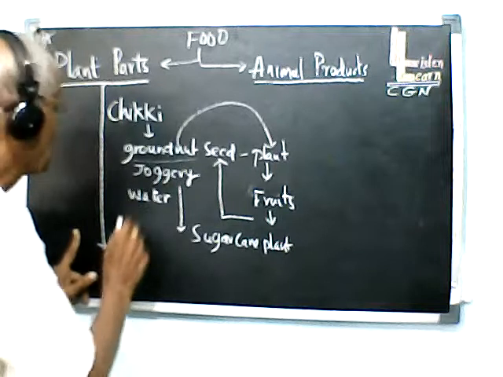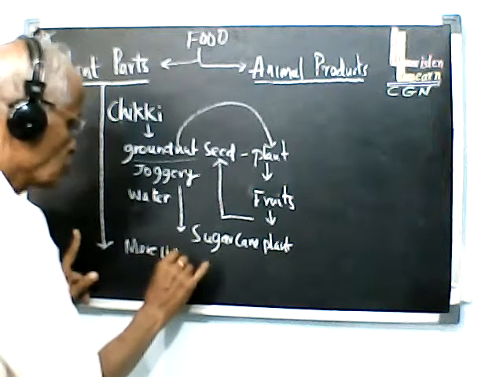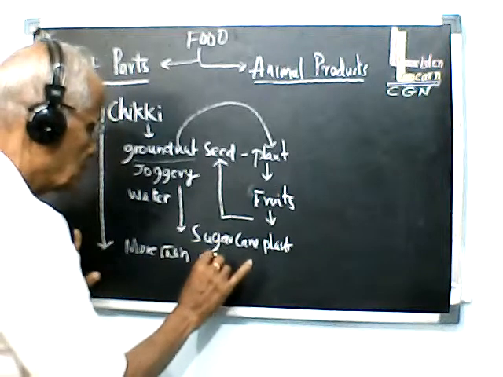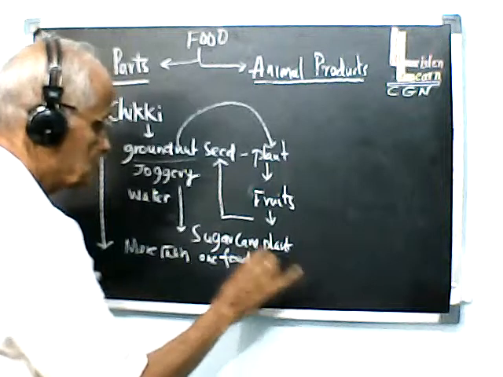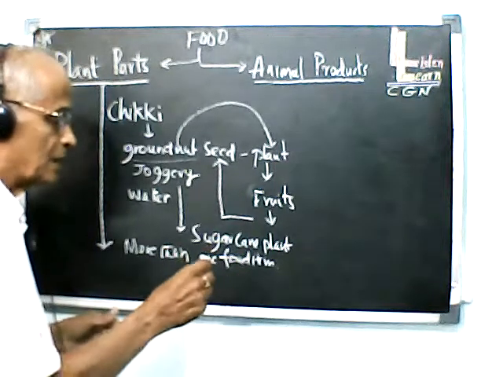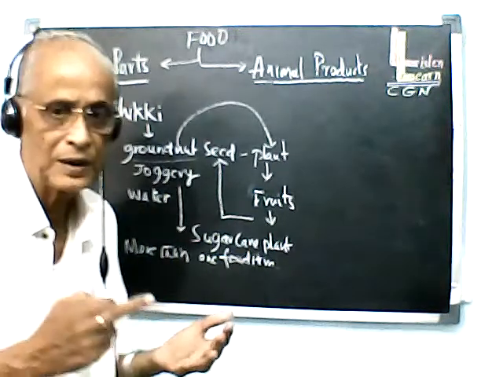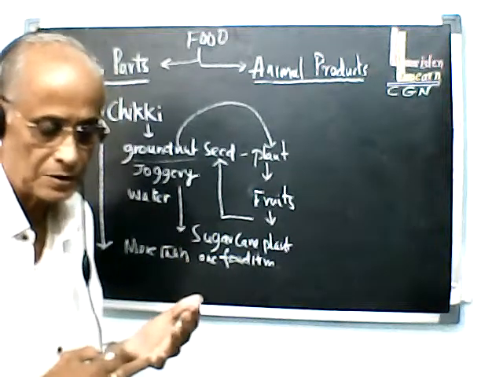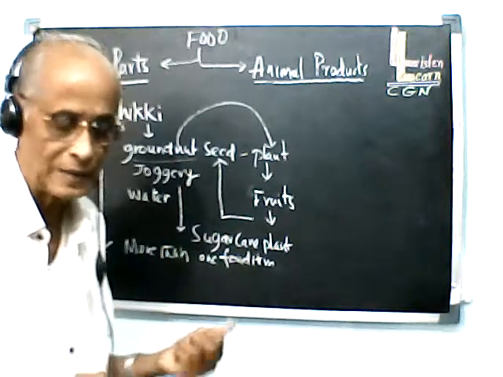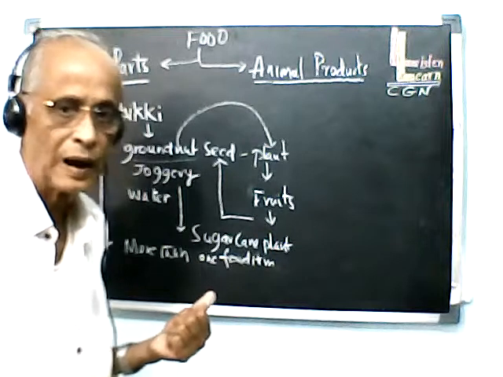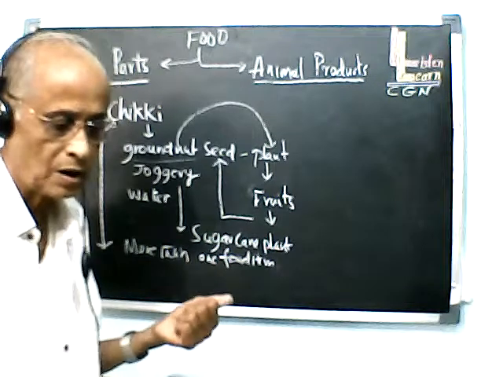Now some plant may give more than one food item. Similarly, take one more example like banana plant. Banana plant gives banana fruits. It also gives something inside the very tender stem, and that people eat it. And the banana leaves are used for various occasions to have food on.